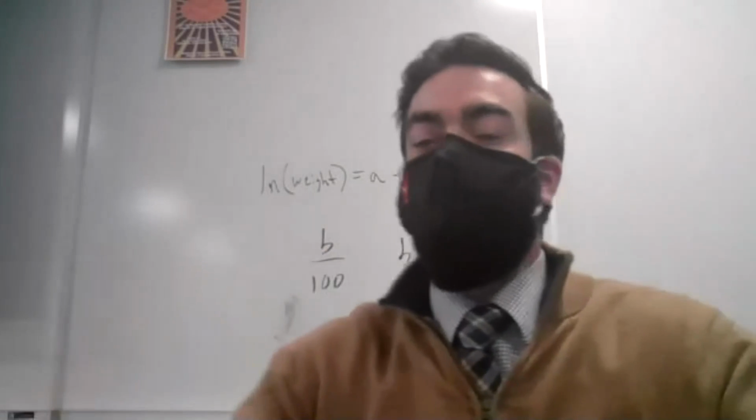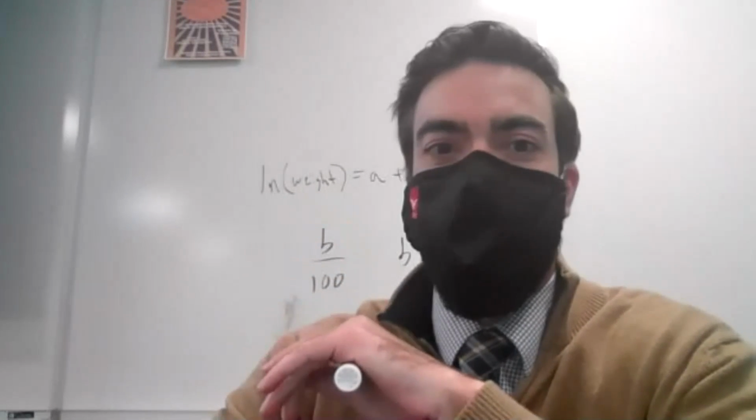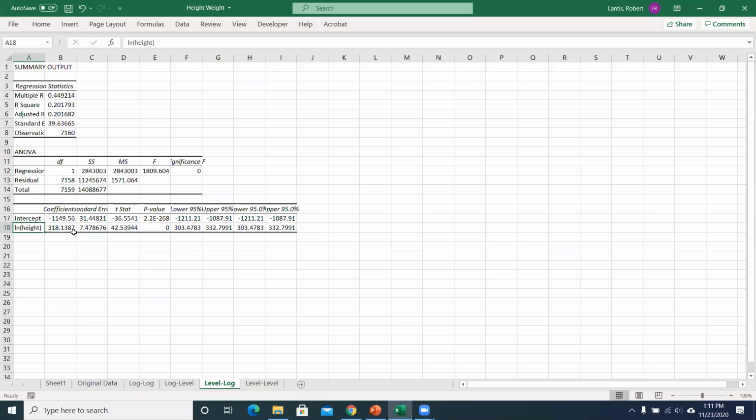Even if I can't remember or can't find where I had it written down or where it is in the slides, if I just think about this logically, if I saw someone be 1% taller, and I took this coefficient, even if I multiplied it by 100, it'd be really large. But even if I didn't multiply it by 100, this would say that the predicted weight would go up by 318.